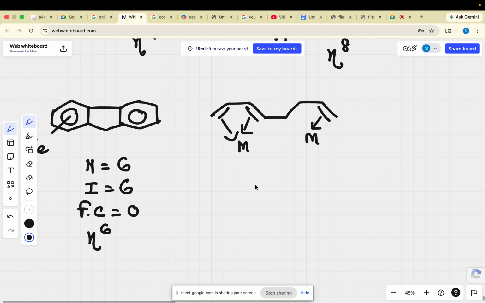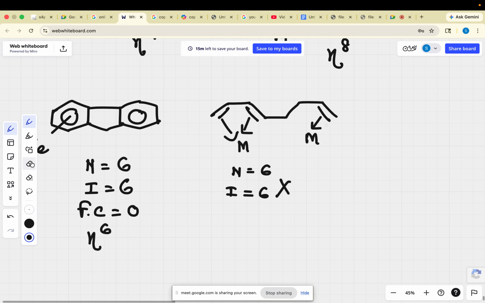No, no. This metal is getting electrons from the two double bonds, na? 4, sir. So here don't consider it like this, that 2, 4, 6. If you write here that neutral method 6 electrons, ionic method 6 electrons, that will be wrong.